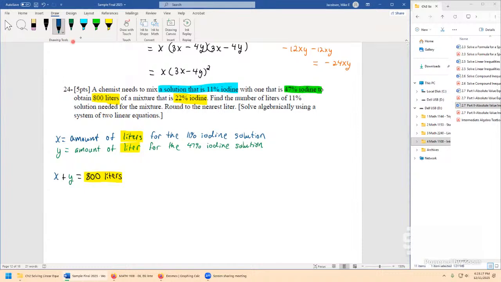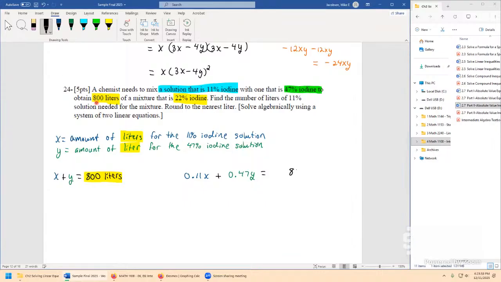The way we would do that is take X, which is the amount of liters, multiply it by the concentration, 0.11, as a decimal. That's the amount of pure iodine coming from the first mixture, X. Then do it again to find the amount of pure iodine coming from the second mixture, Y. We take its concentration as a decimal, 0.47, multiply by the number of liters, which is Y. And what we get is not 800 liters, we're getting just pure iodine out of this.